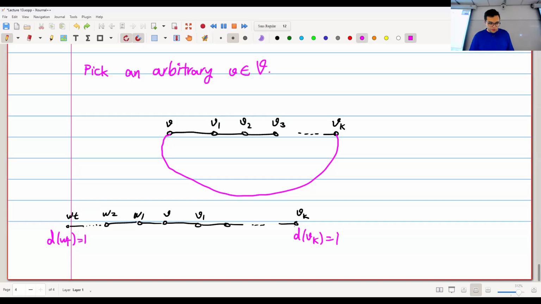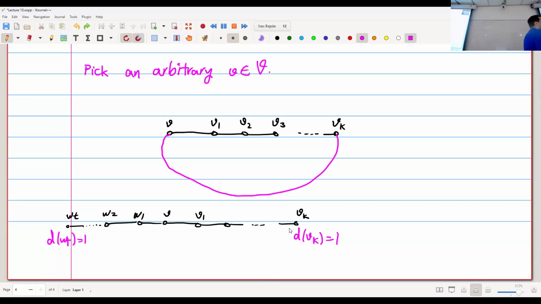And I know the same thing for this endpoint, WT. But if you look at all the other vertices, they already have 2 edges connected to them. So these other vertices can also not have any edges going out of them, because they already have consumed their budget of 2 edges. Their degree was at most 2. So this connected component is just this path.